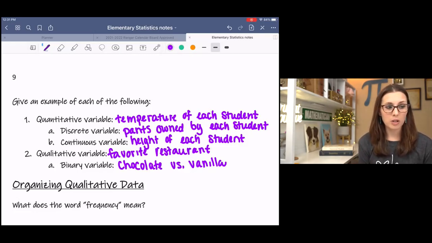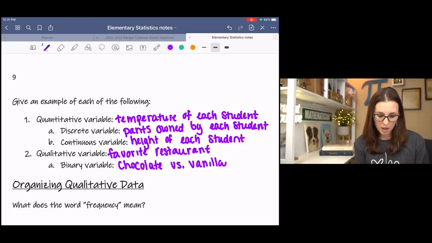Discrete variable, number of pants owned, jeans or shorts, whatever. Continuous variable, height of each student. And then qualitative would be maybe favorite restaurant. And binary would be maybe chocolate versus vanilla. Or if it came down to 2 candidates and you were asked which one you were voting for, there's only one of 2 answers.